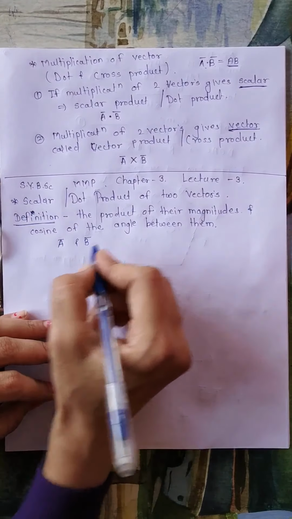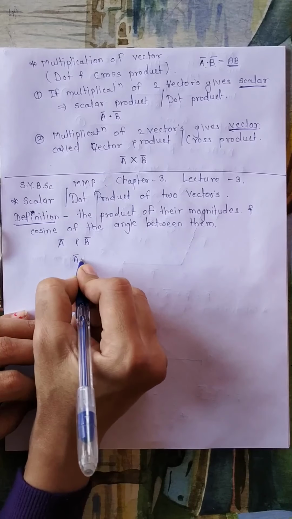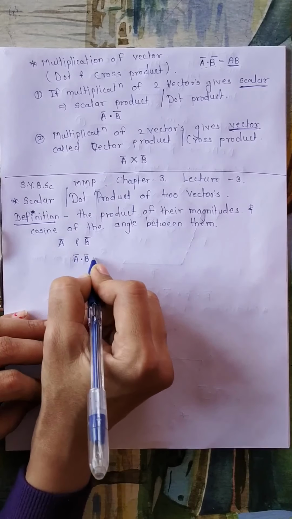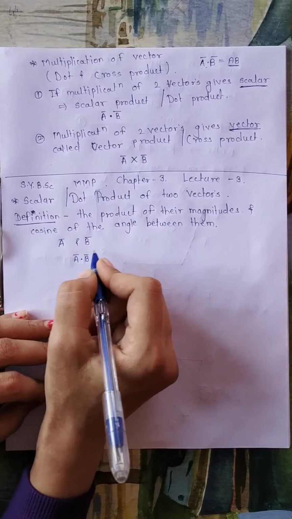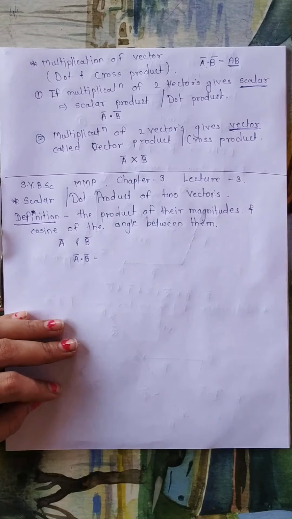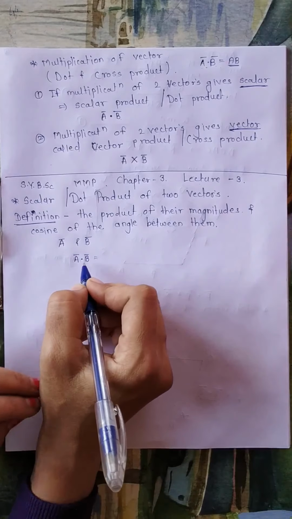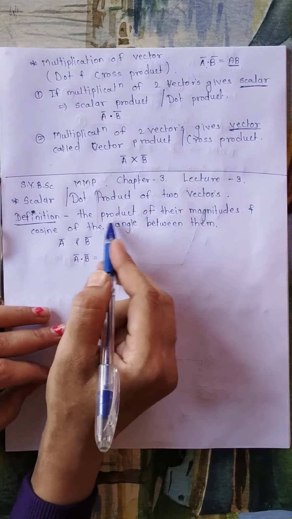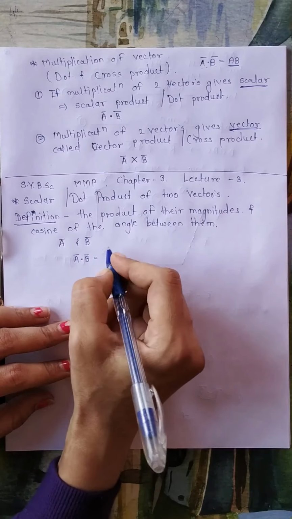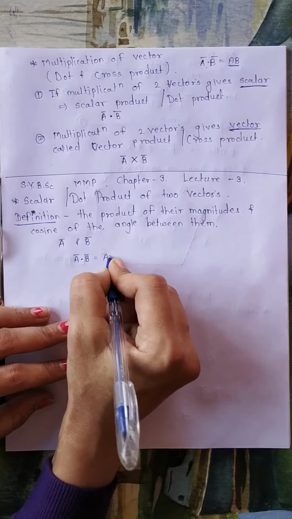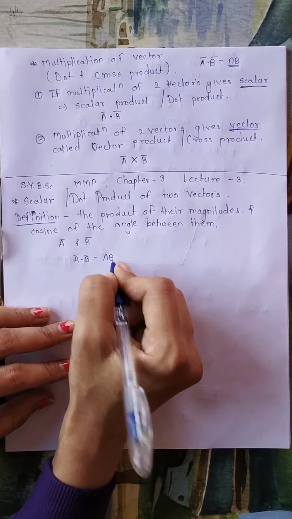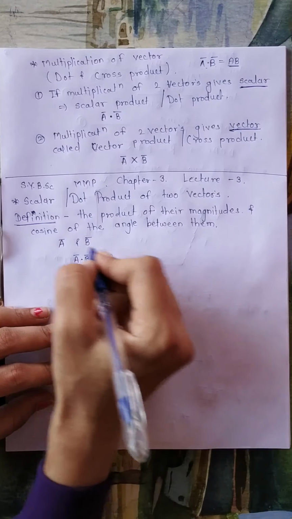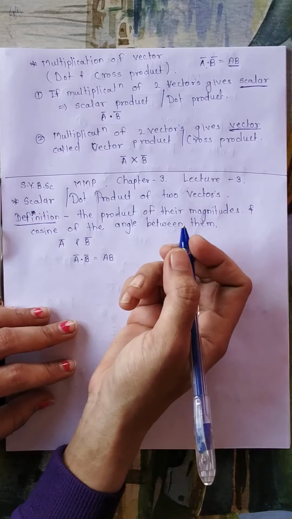The dot product is written as a bar dot b bar, and it is read as a bar dot b bar. Hence the name dot product. So according to the above definition, this dot product is written as the product of the magnitudes of these two vectors, which are a, b, and the cosine of the angle between them.